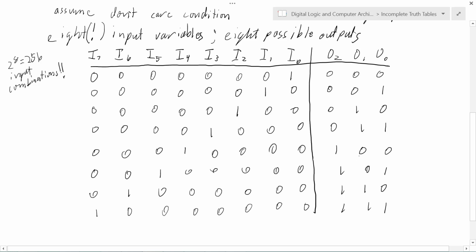Now this constitutes all the possible legal outputs and all possible legal inputs. Everything else is just ignored. Now, what do we do with the remaining input combinations, however? We can assume the output is 0.